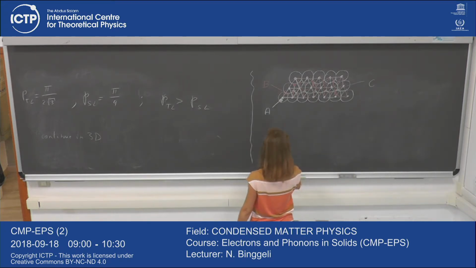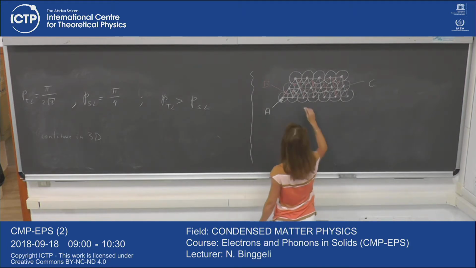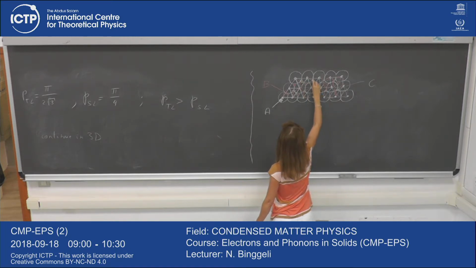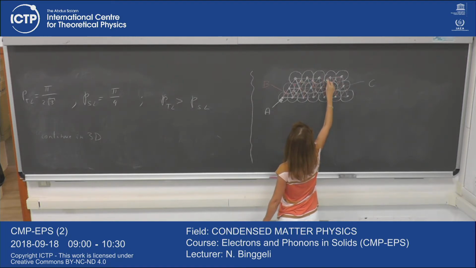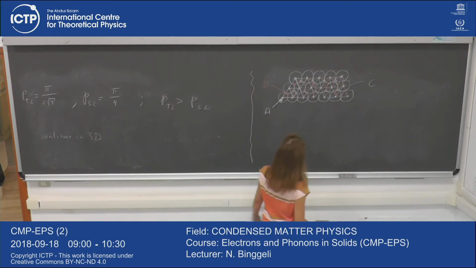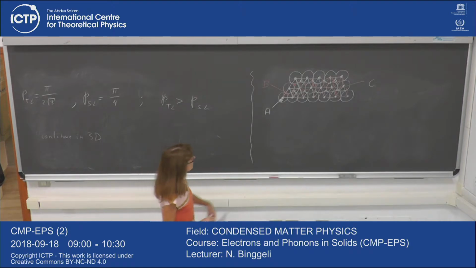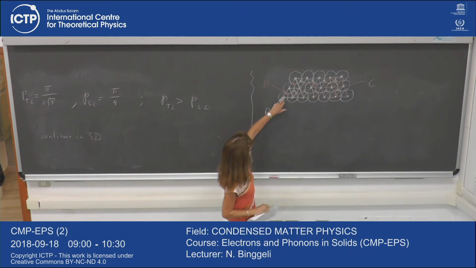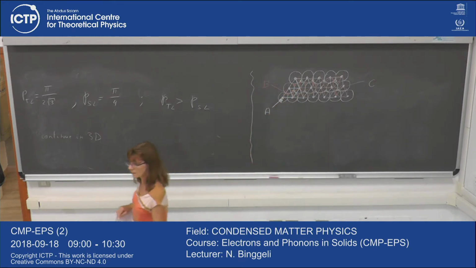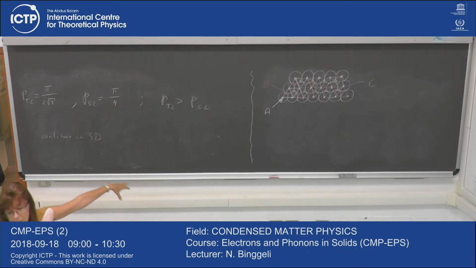I can continue here. I have other C sites. So basically I have A sites, B sites, C sites, A sites, B sites, C sites. And for the second layer, I centered my spheres on the B sites.